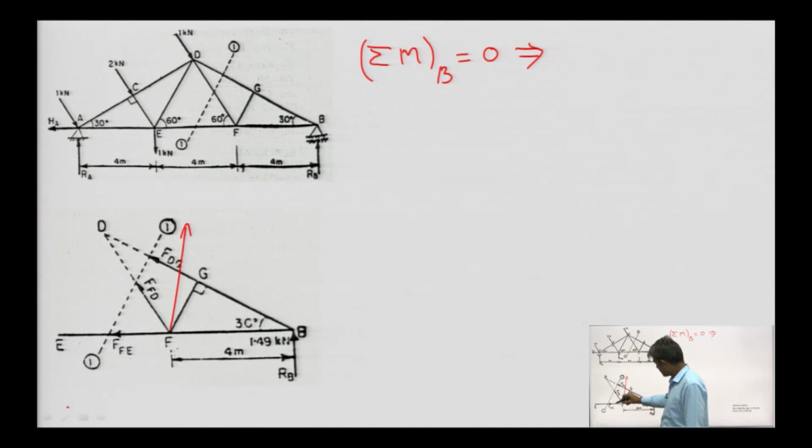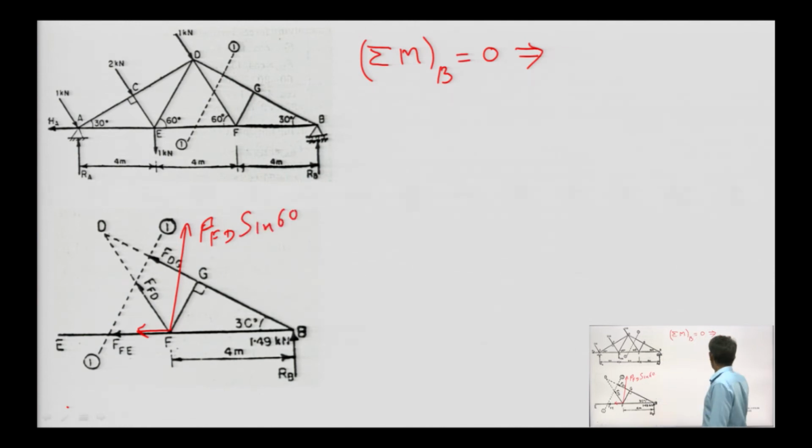The other component need not be considered because its line of action passes through point B. So, this component will be F_D into sin 60, since this angle is 60.